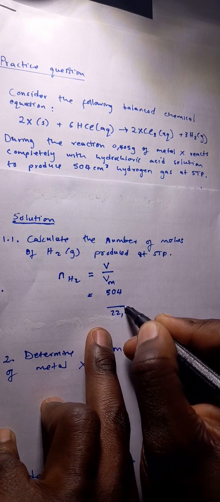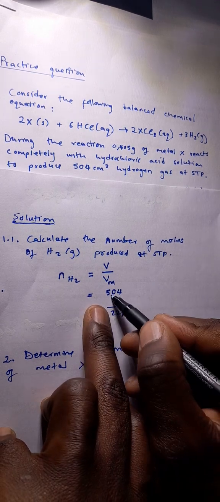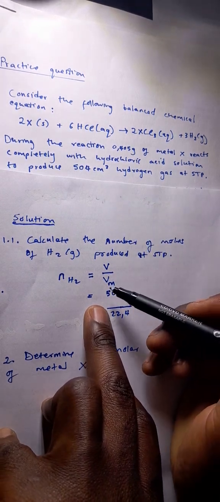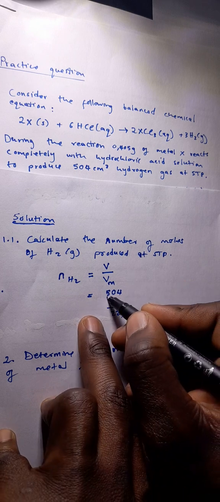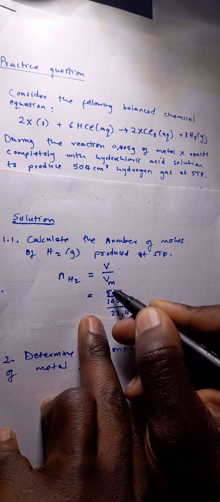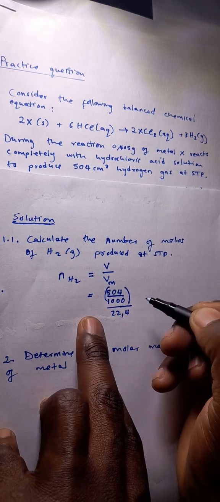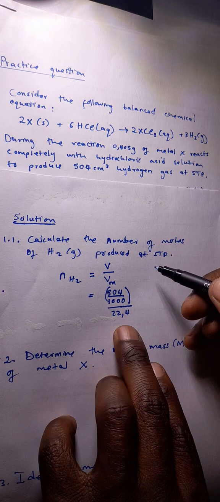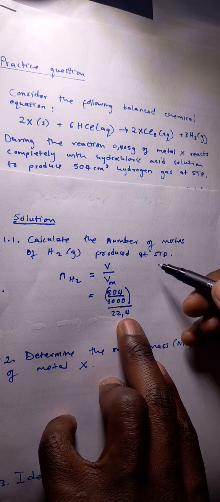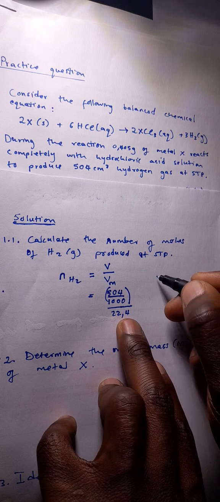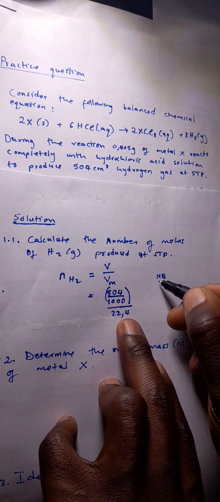22,4 cubic decimeter. So we need to convert this 504 from cubic centimeter to cubic decimeter. Our conversion factor is a division: we divide by 1,000 to convert from cubic centimeter to cubic decimeter. Let me write it on the side so that you note it.